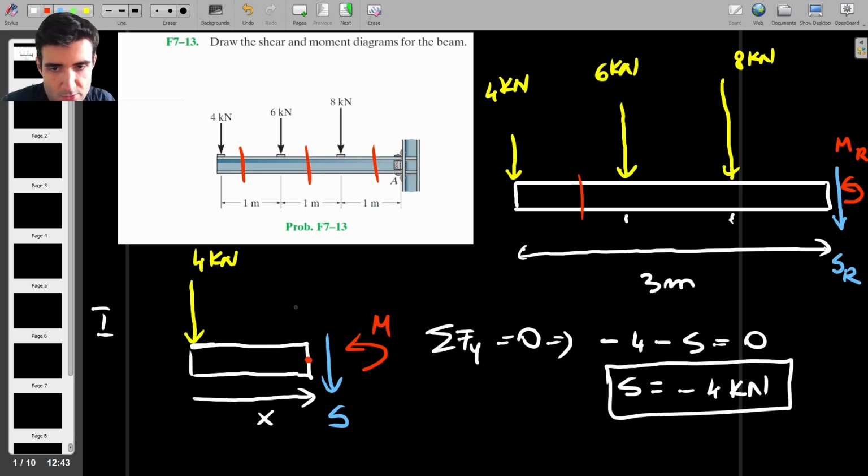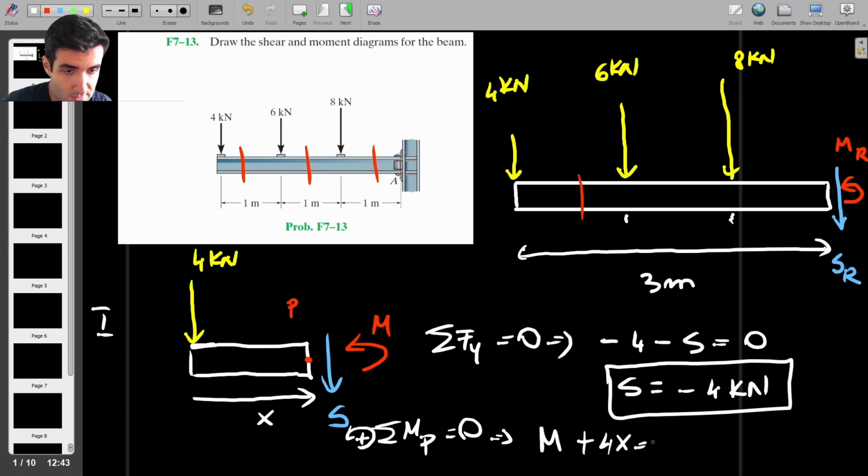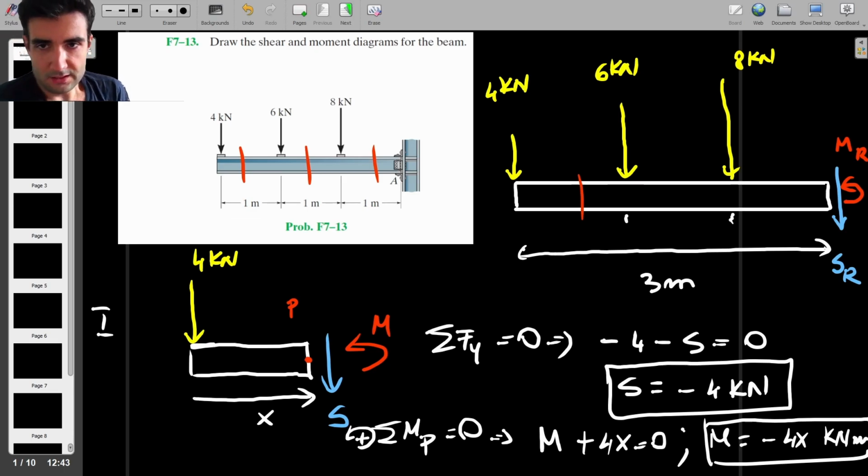We take moments about this point, let's call this point P, and we say the sum of moments about P is 0, where counterclockwise is positive, so we have M. And then we have the 4 kilonewton, which is producing a counterclockwise moment, so plus 4x equals 0. So the bending moment is minus 4x kilonewton meters. And that's it, that's the first section of the beam.